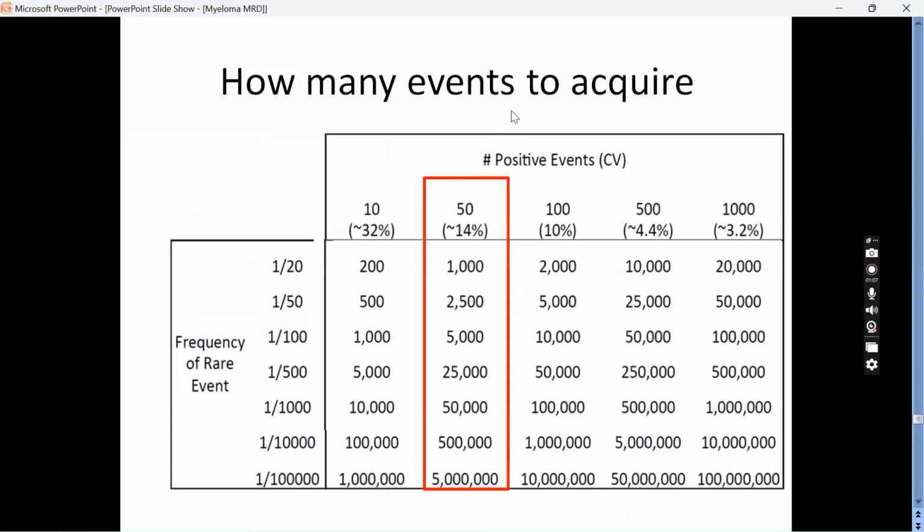When I say you want to attain a sensitivity of 1 in 1 lakh, which is 10 to the power of -5, that is 0.001, I need to acquire a minimum of 5 million events when I keep a threshold of 50 events as disease, which is LOD.